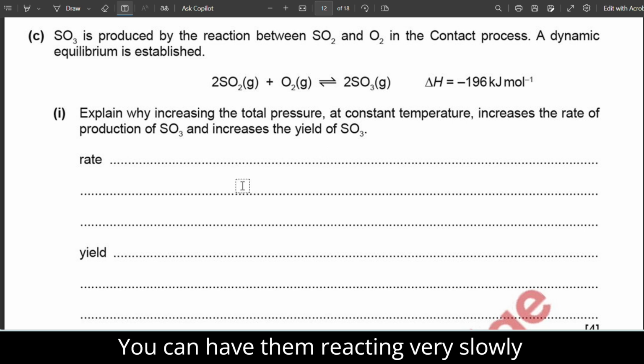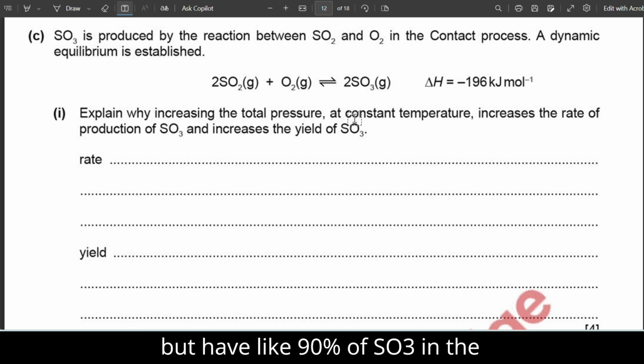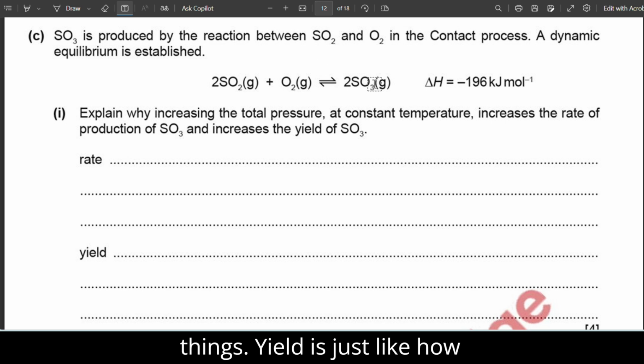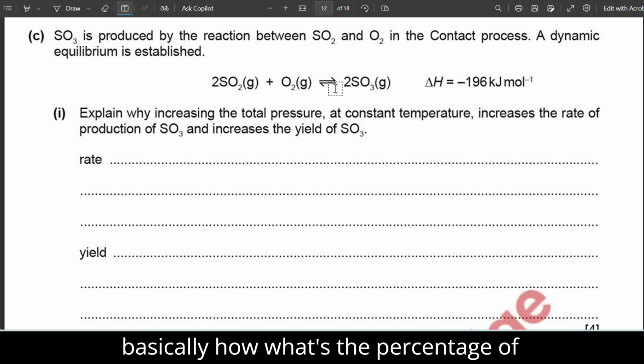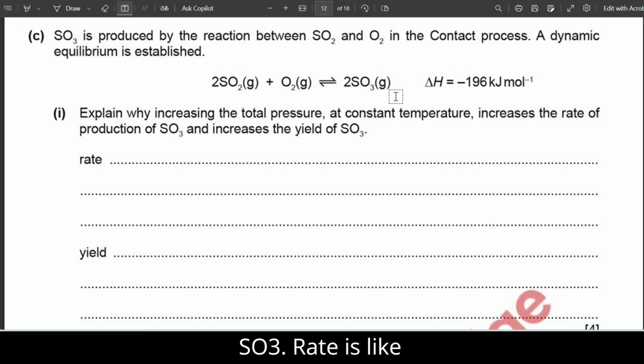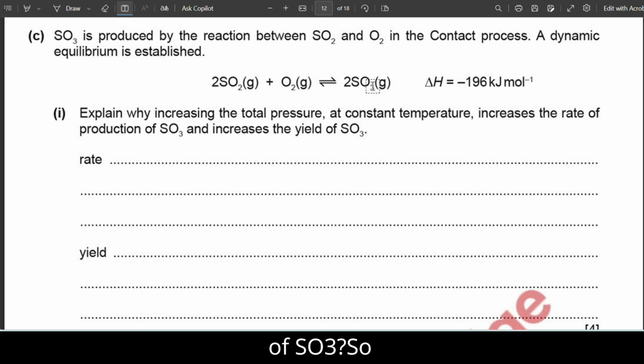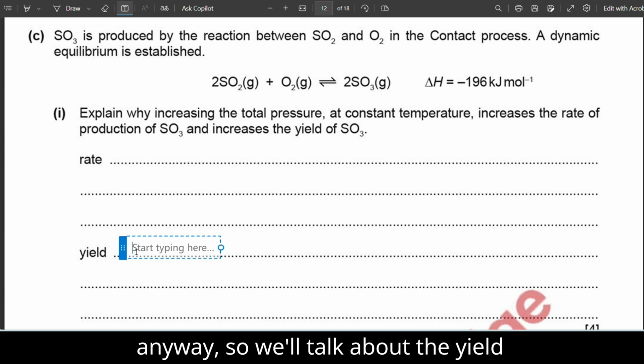You can have them reacting very slowly, but have like 90% SO3 in the composition. So they are two different things. Yield is basically the percentage of SO3. Rate is the actual raw rate of production of SO3. So anyway, we'll talk about the yield first.